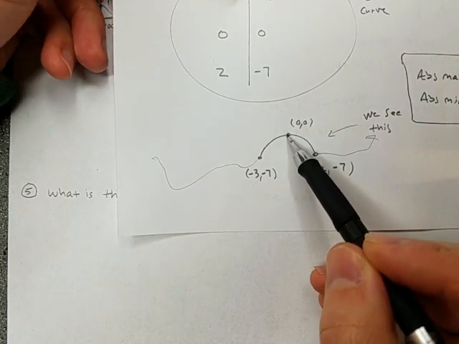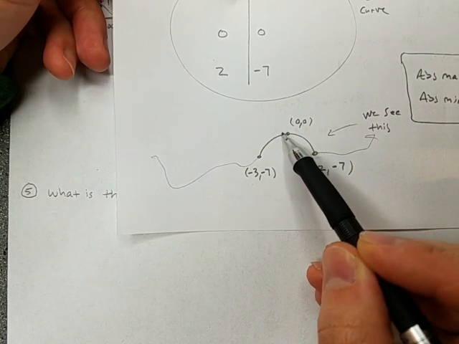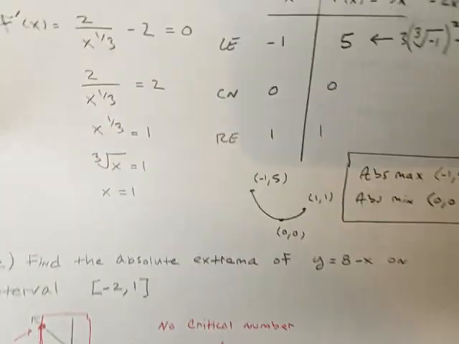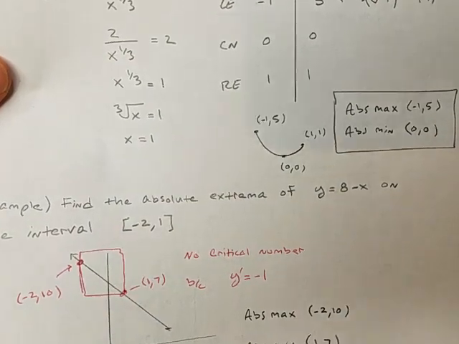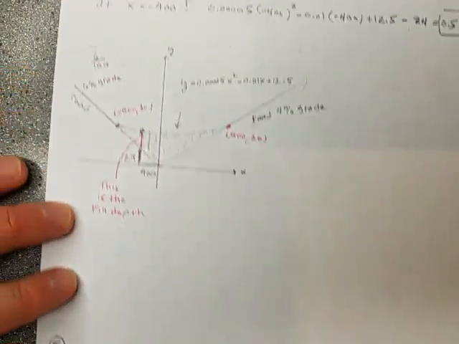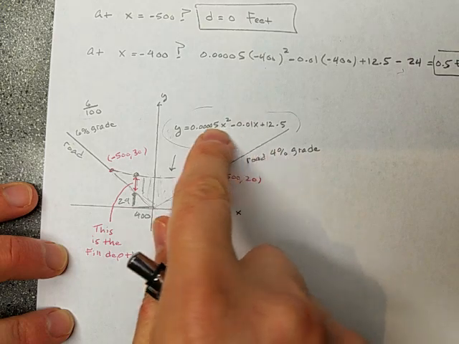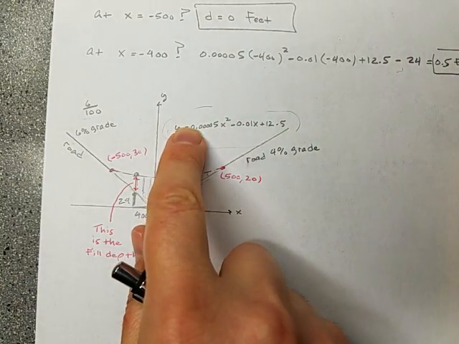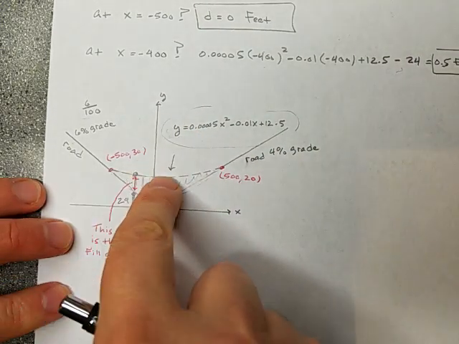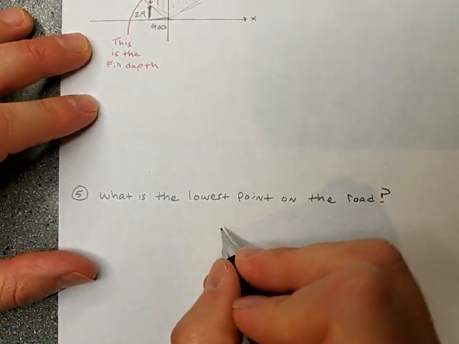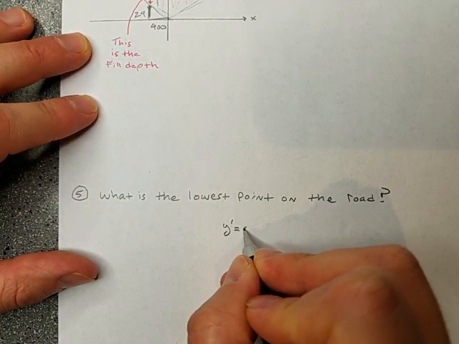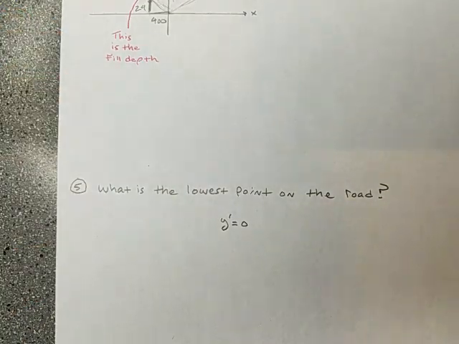That highest point is such that the derivative is 0 there, okay? Or with this one, that lowest point is such that the derivative is 0. So to find the lowest point on the road described by this equation, where every spot on that road has measurements described by that equation, it would just be a matter of finding the derivative and setting it equal to 0. Okay?